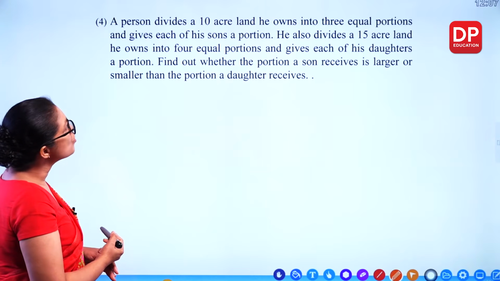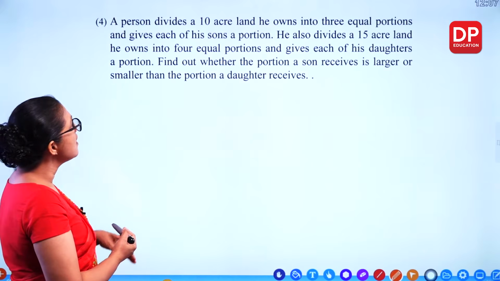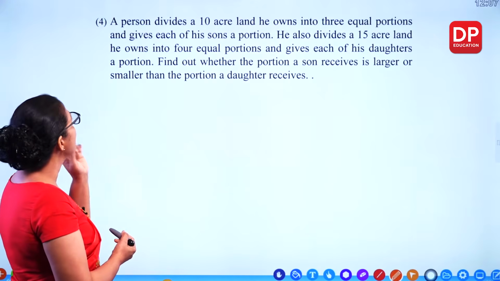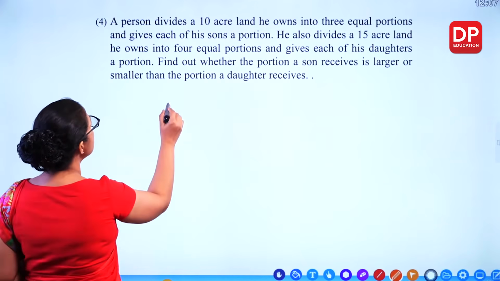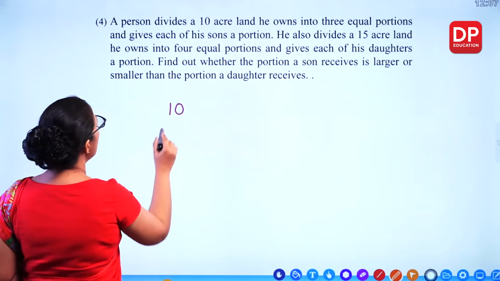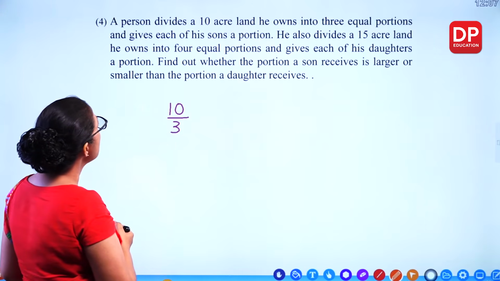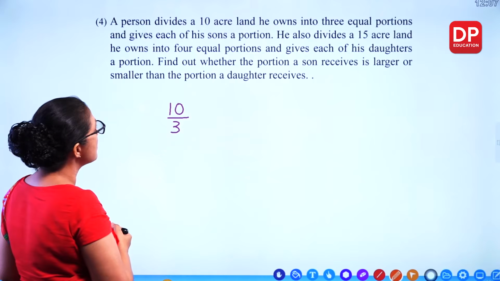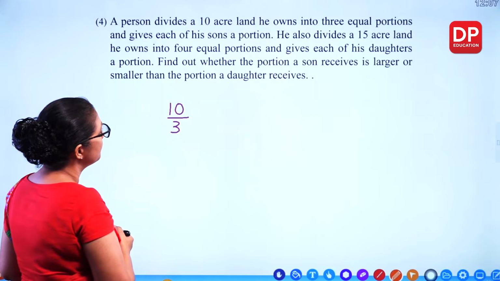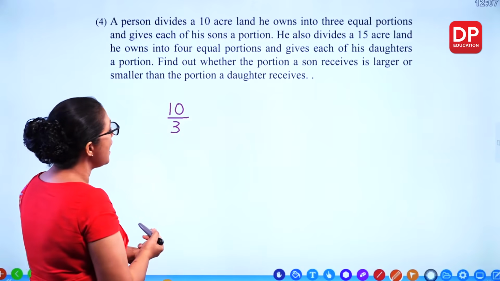Find out whether the portion a son receives is larger or smaller than the portion a daughter receives. So 10 acres into 3 equal parts. Divide by 3. And gives each of his sons a portion.